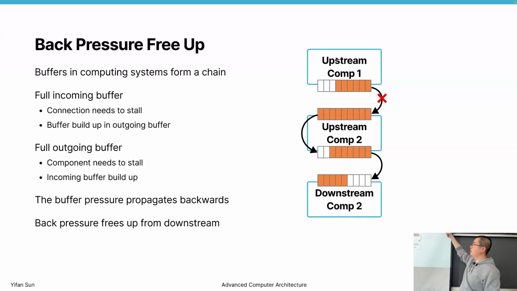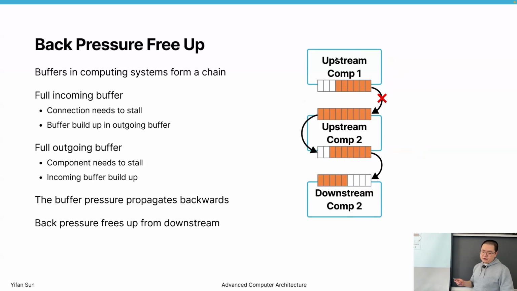The freeing up goes backwards: the most downstream element must free up first, then the upstream can free up and move forward. So the freeing up process goes from downstream to upstream.